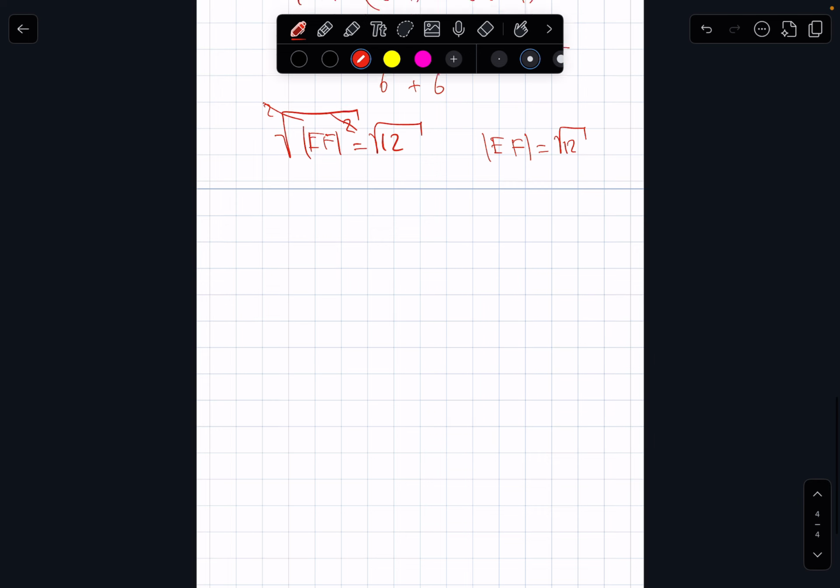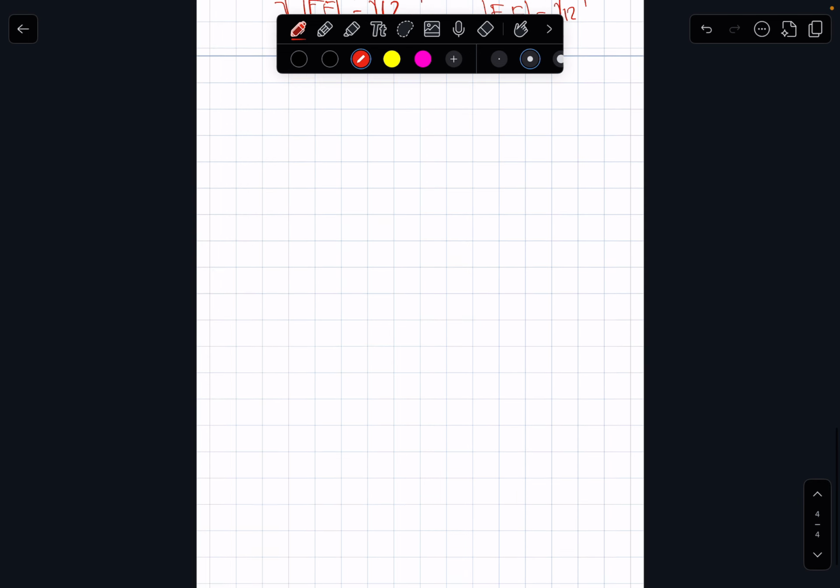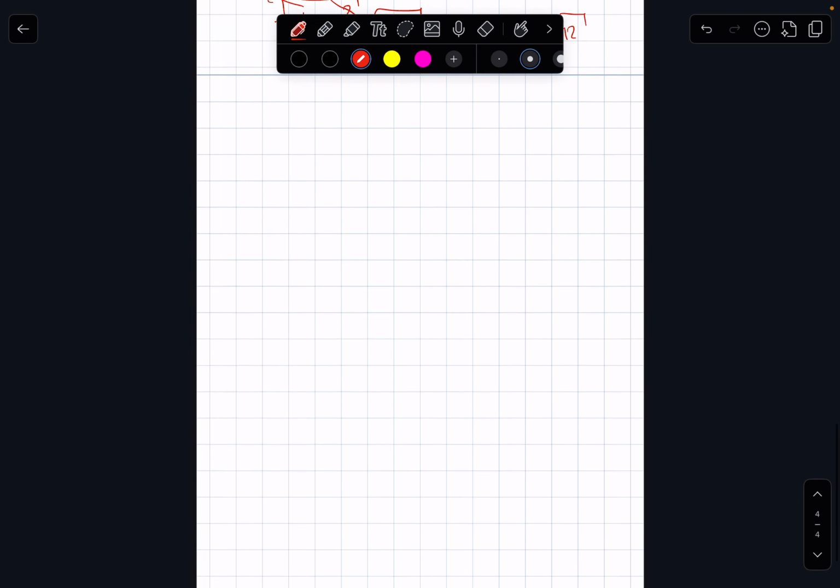Okay, now let me first talk about the angles. Let's classify angles. Classifying the angles. Like, what do we name them? If it's less than 90 degrees, okay, if it's like this, doesn't matter, this is called the acute angle.